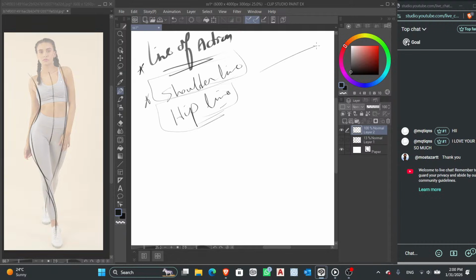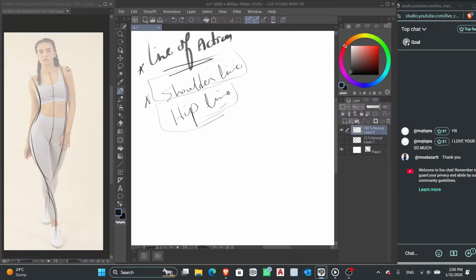If you go this way for the shoulder line, go that way for the hip line, or otherwise the opposite. If both are doing the same, then she's kind of just standing, so there is no flow.